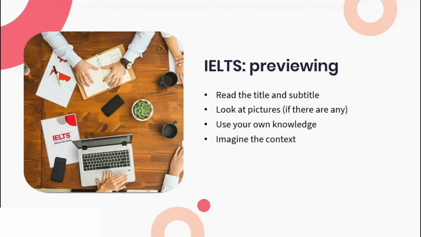In other words, where you might find the text. You can then start to guess what the text might be about. It also helps to predict the structure of the text. Will there be an introduction, a body, and a conclusion? Will it be in dialogue format? These are the types of questions you should ask yourself before reading a text.